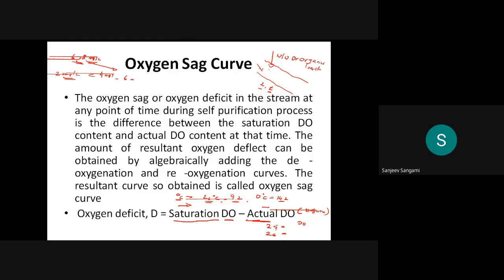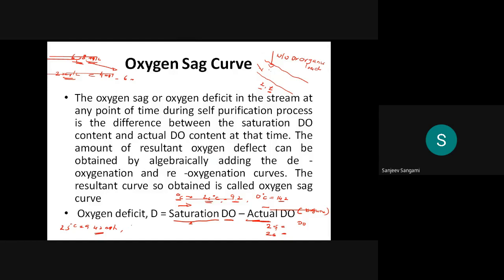For this, a standard table is available with respect to temperature. Actual DO depends on how much organic load you are transferring to the rivers. Assume at 25 degrees centigrade, as one example, we can say it is 9.42 milligram per liter. This is saturation DO.